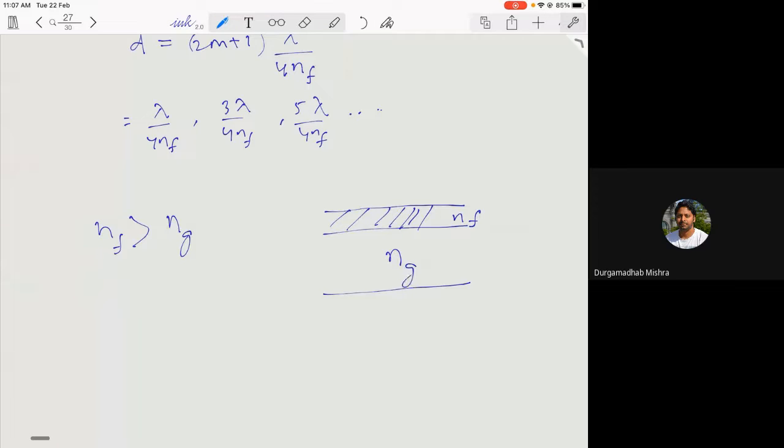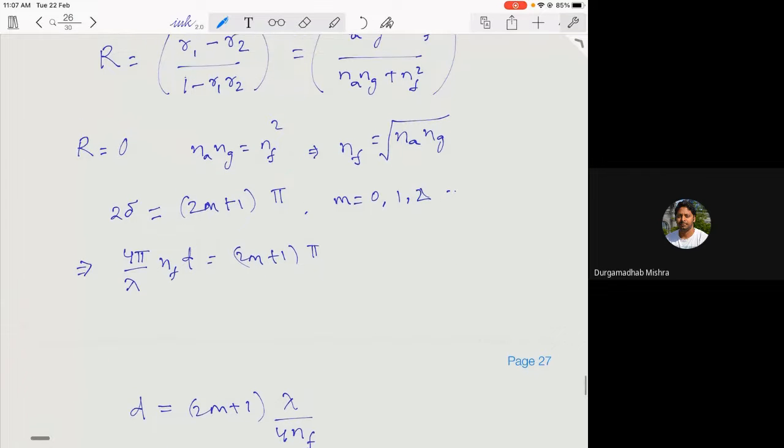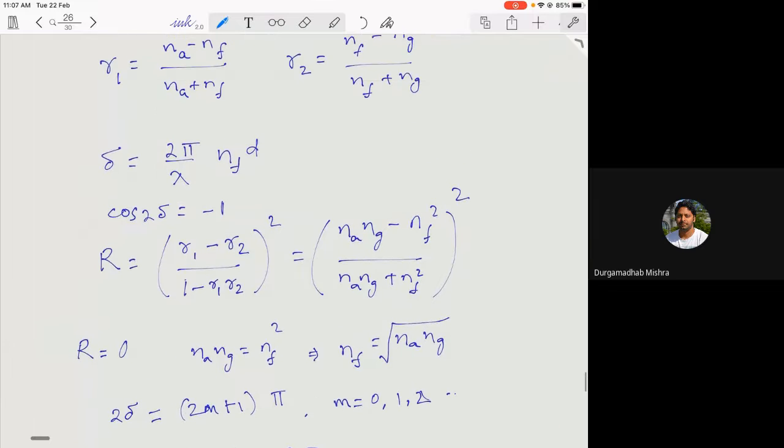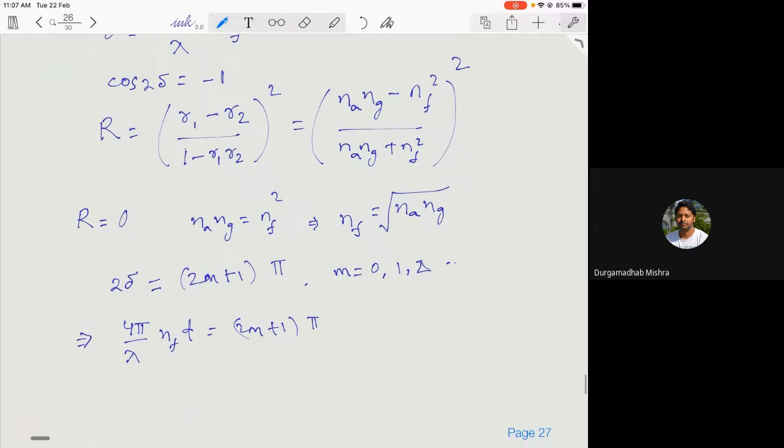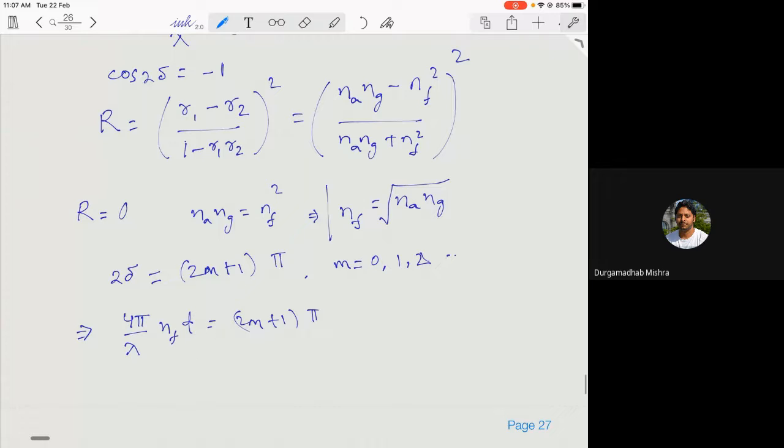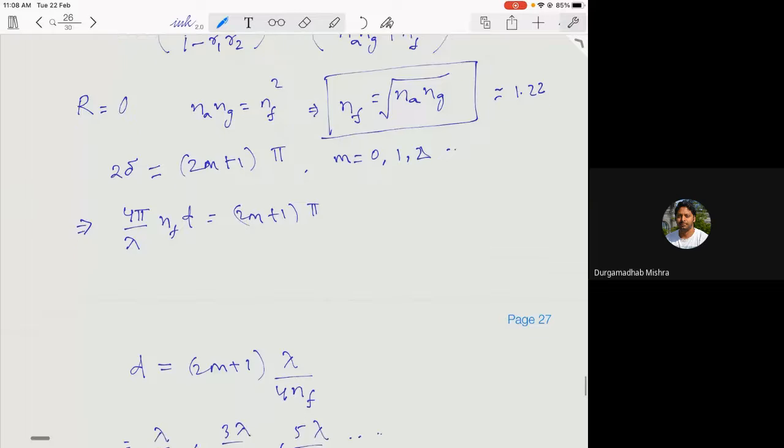For minimizing the reflection, we saw that Nf should be the square root of Na into Ng, and typically the value should be around 1.22. So if you take such a coating, you would get an anti-reflection coating.